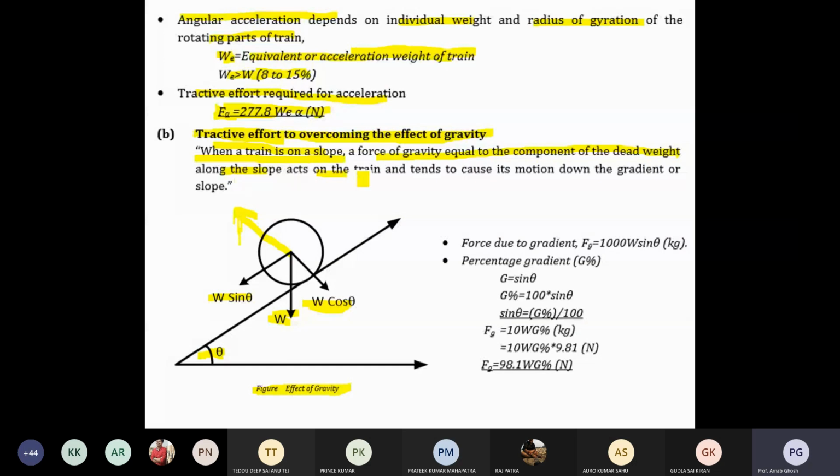So when the train is coming down the slope, W acts down the slope, but the normal component W cos theta is not exactly countering W. So the total force you are not getting.